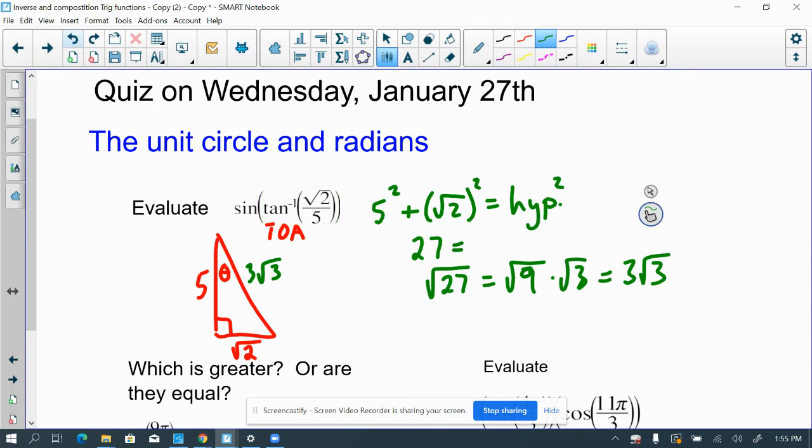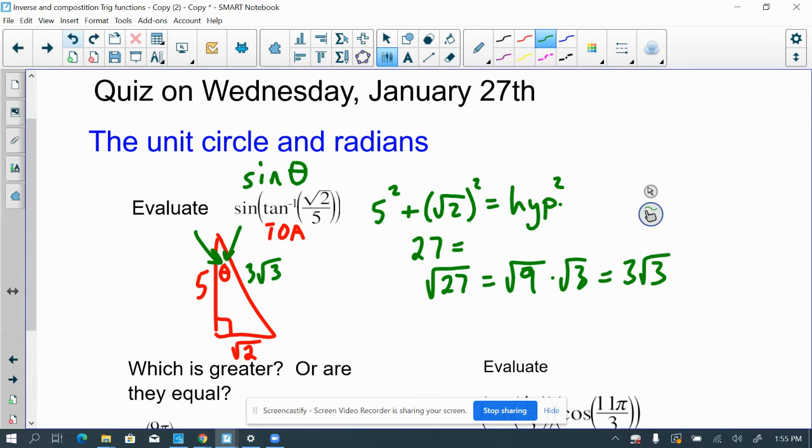And I don't know the angle, and I don't even have to find it. What this is really saying is find the sine of theta, not just any old theta, the theta that happens to have a tangent of rad 2 over 5. And this theta does have a tangent of rad 2 over 5.